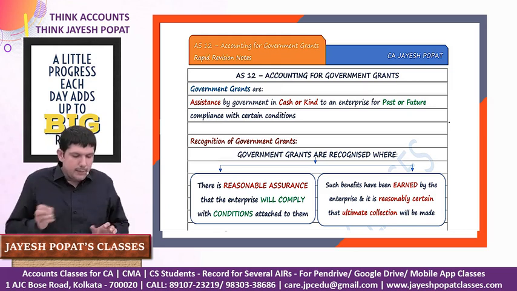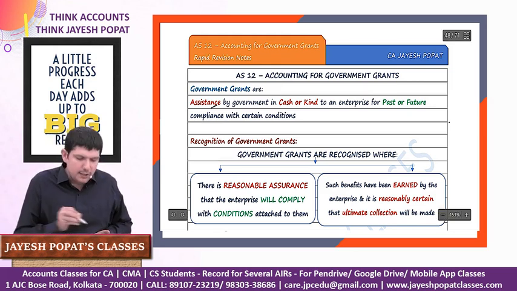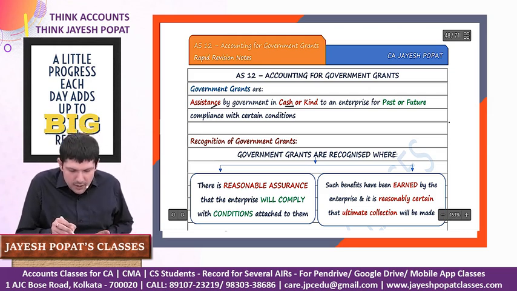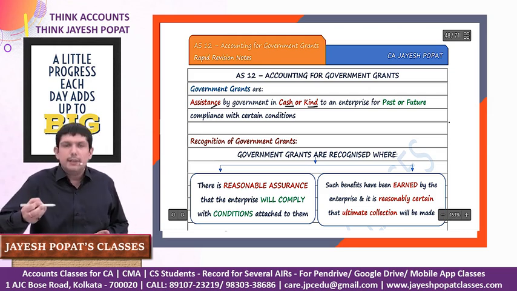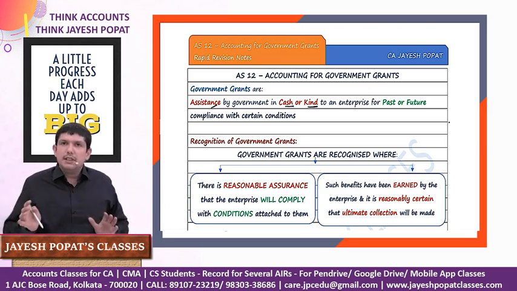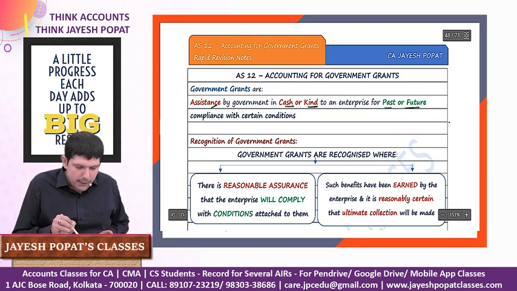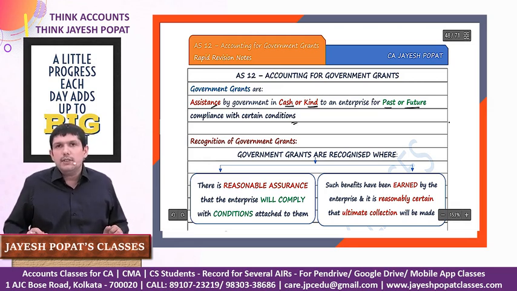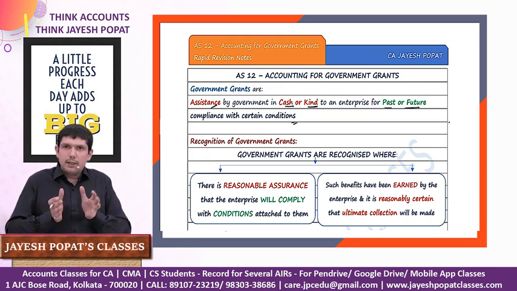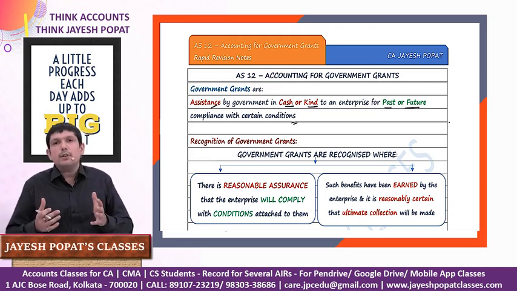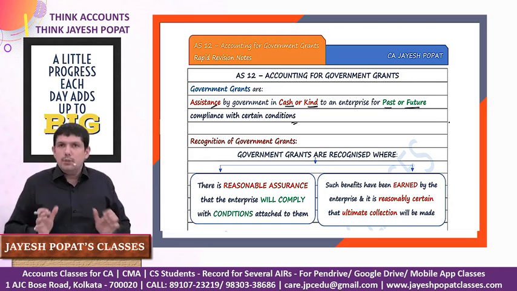So government grants have been defined as assistance by the government in cash or in kind. Maybe some land is given or maybe plant and machinery is given, whatever the case may be, to an enterprise for past or future compliance of certain conditions. How it normally works is, let's say the government wants to develop a certain backward area, create employment opportunity, and utilize the land pool which is available there.